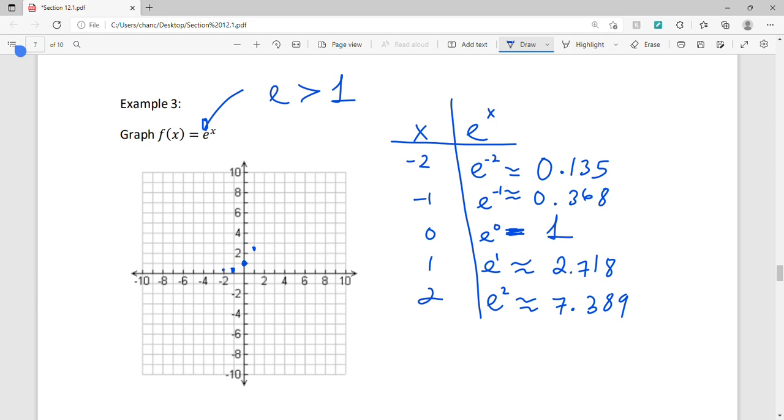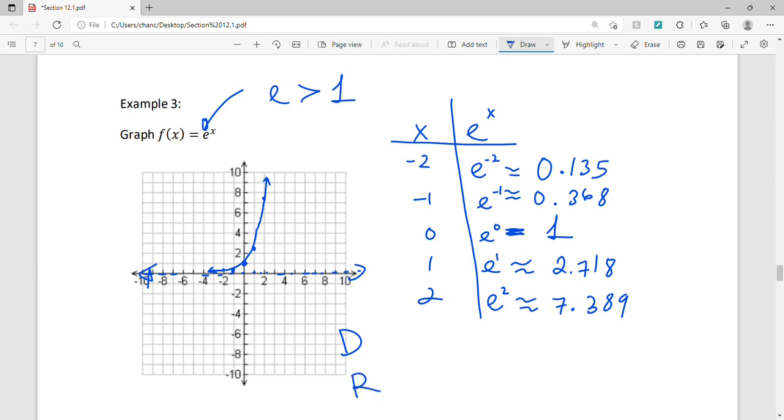And then e squared is 7.38, so we'll just say that's pretty close to 7.5. We're just sketching our graph here. We don't have to be precise. And we do get an exponentially increasing function with the same horizontal asymptote.